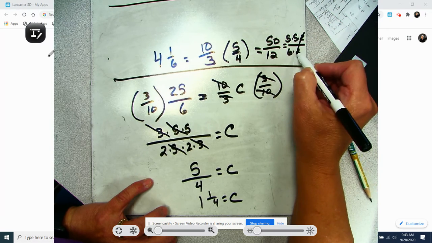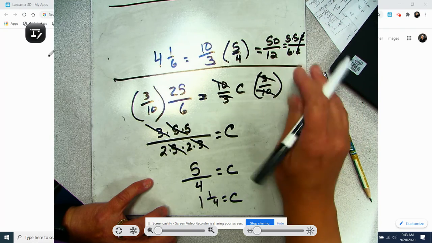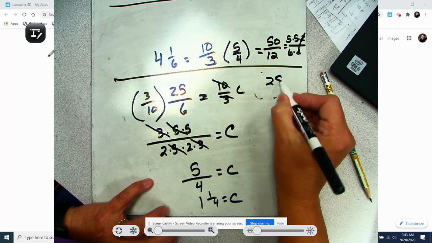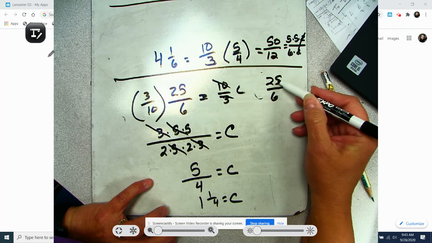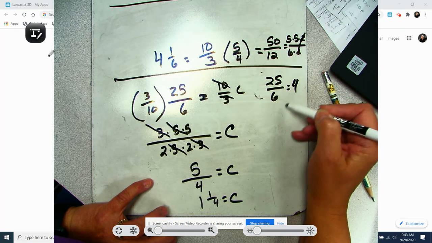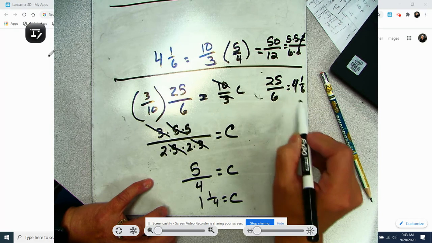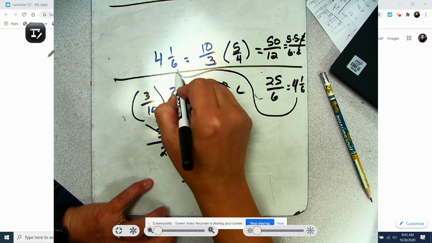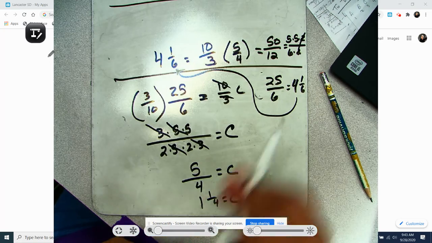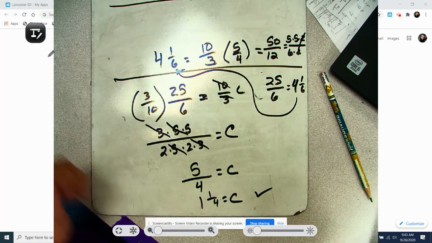The 2's are going to cancel. I'm going to have 25 divided by 6. 6 goes into 25 4 times with 1 left over, so it would be 4 and 1/6, which is what we started with. Our answer checks, so we know our answer is correct.